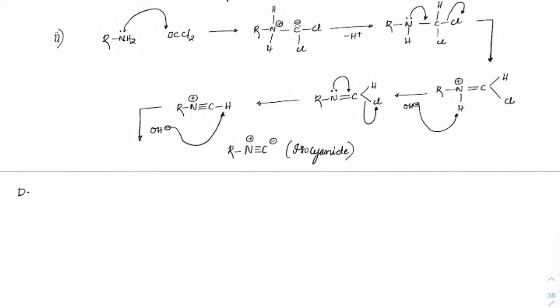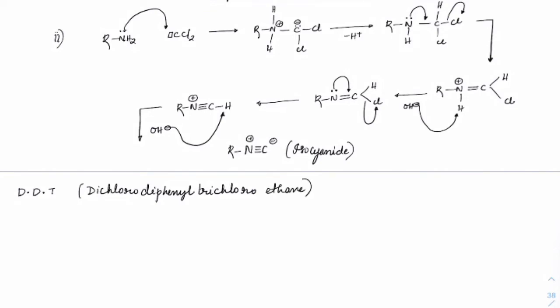One more type of chloroform which you will see is DDT. DDT is dichloro diphenyl trichloroethane.